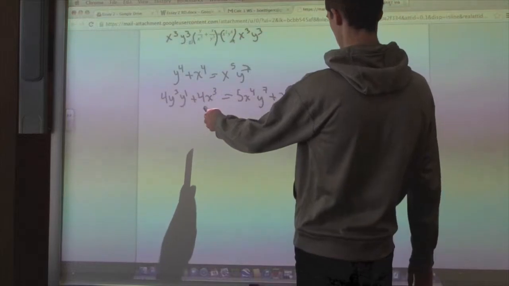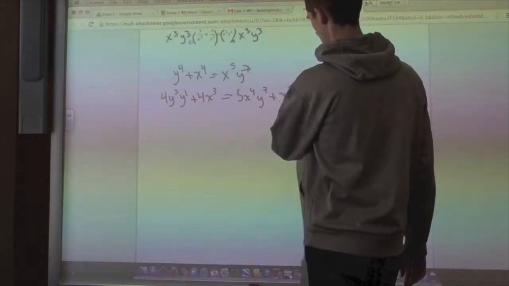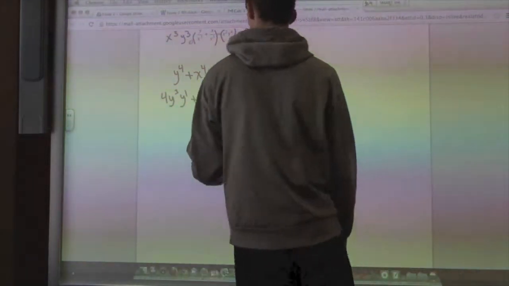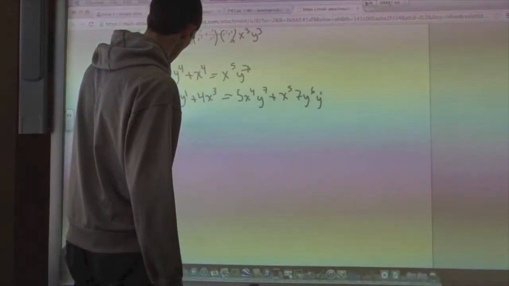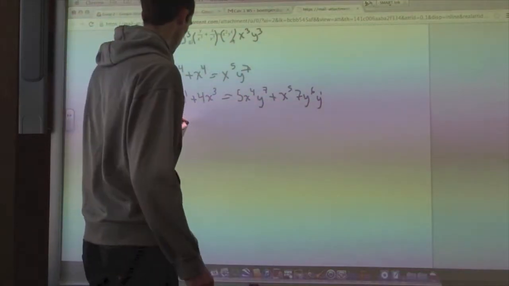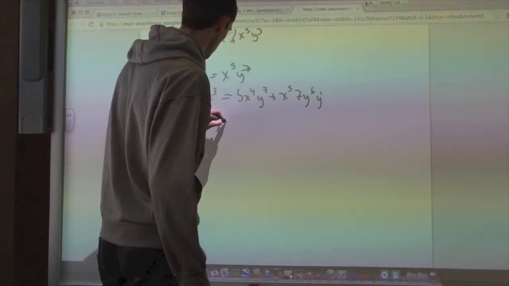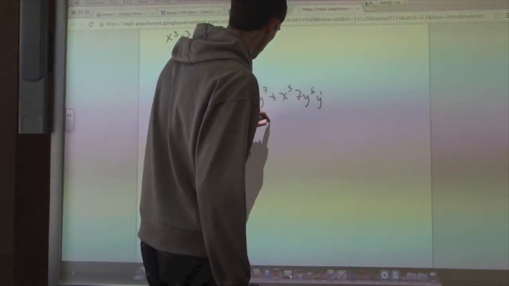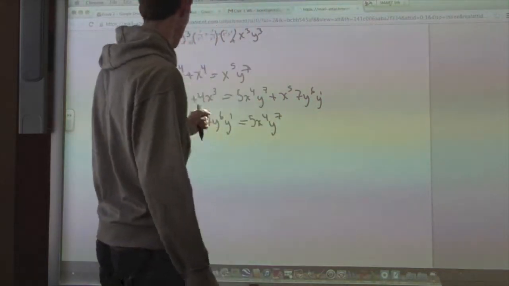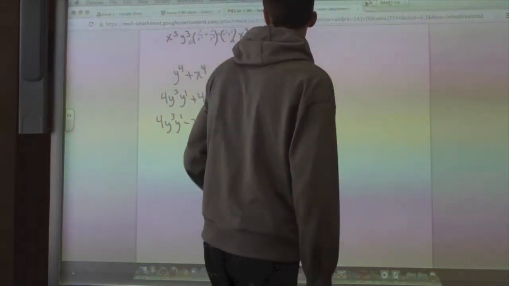So I'm going to go ahead and I'll subtract this one over, and then subtract this term over here. So you get 4y cubed, y prime, minus x to the fifth, 7y to the sixth, y prime. That's going to be equal to 5x to the fourth, y to the seventh. And then I subtracted this over, so minus 4x cubed.